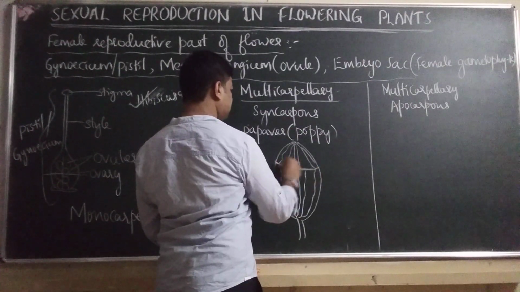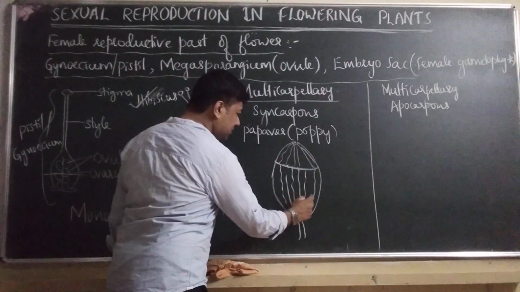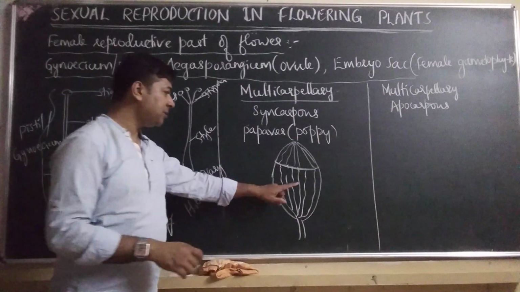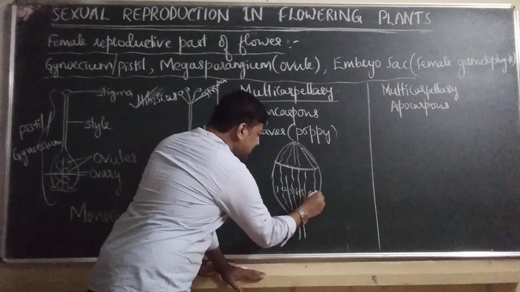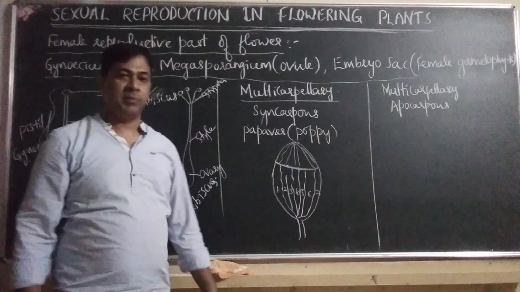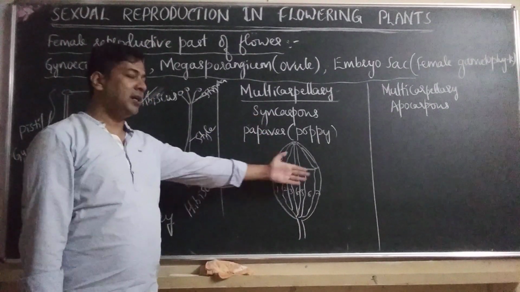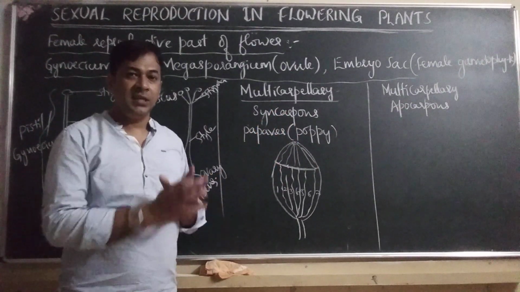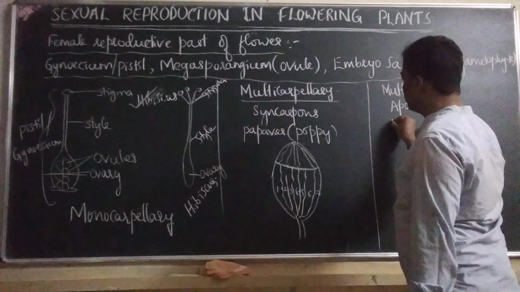Here you see that these are all carpels, many carpels, but joined together. Multicarpellary means many carpels are there. Like you can number 1, 2, 3, 4, 5, 6, 7, like this. You can number that many carpels, like 7 carpels. But all the carpels are joined together, so it is multicarpellary and, since all joined together, it is called syncarpous. If they are separate, then they are called apocarpous.